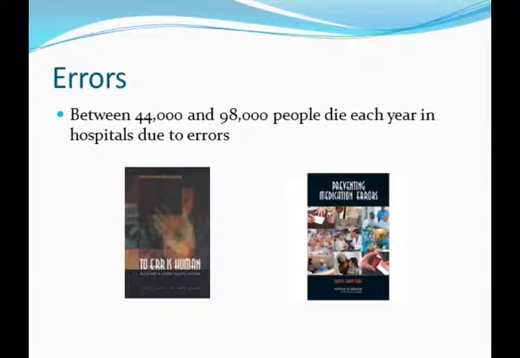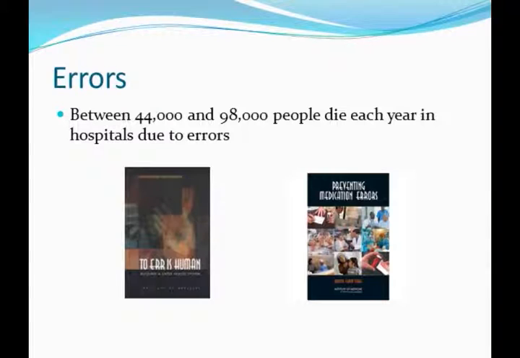In 1999, the Institute of Medicine came out with a report, not just on medication errors, but on errors in medicine, called To Err is Human, and they followed that up in 2007 with a bigger report that focused specifically on medication errors. In 1999, part of that report indicated that between 44,000 and 98,000 people were dying each year in hospitals due to errors.